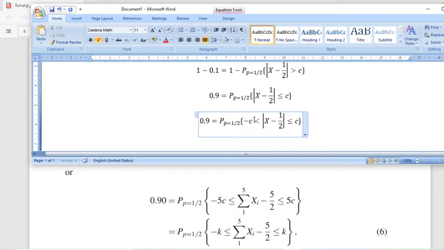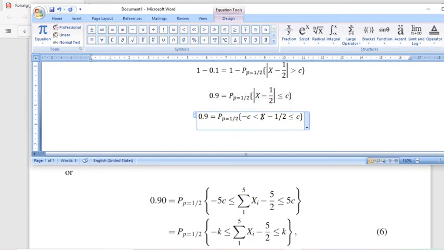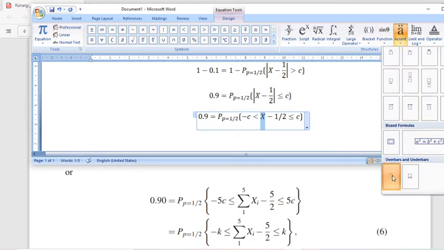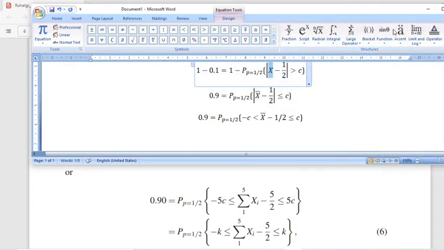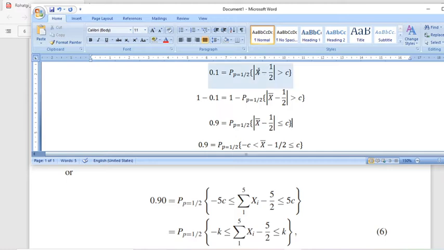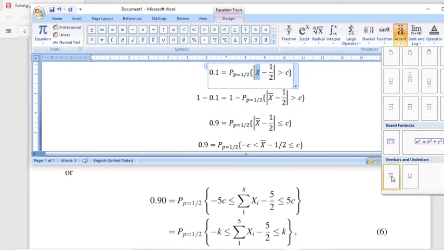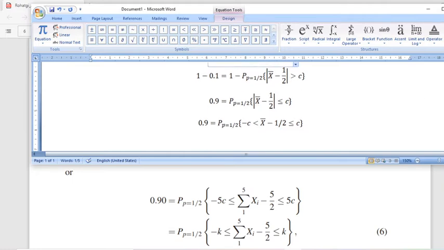That is minus c less than x less than c.